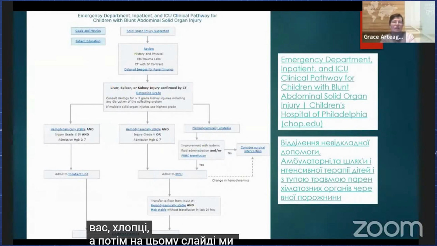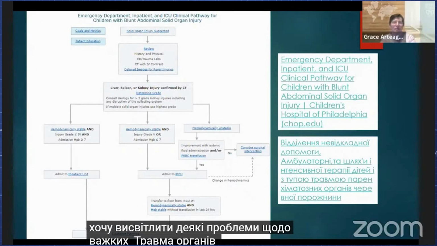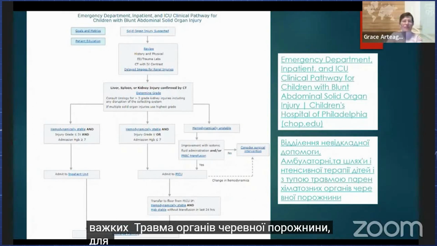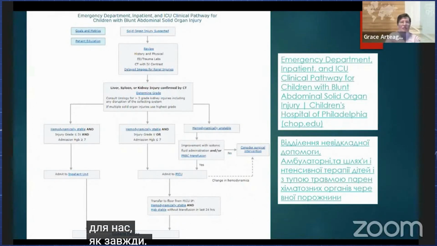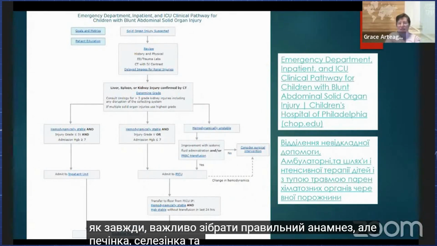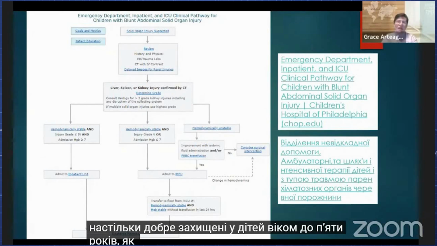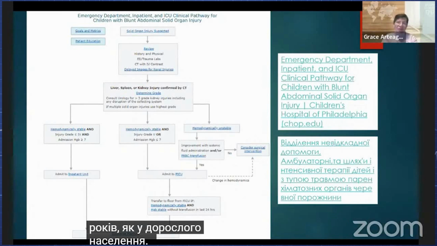And then in this slide, I just want to bring up some issues about severe abdominal organ injury. It's important for us to actually get the history, as always, right? But the liver, the spleen, and the kidneys are not as well protected in kids less than 5 years of age as they are in the adult population.